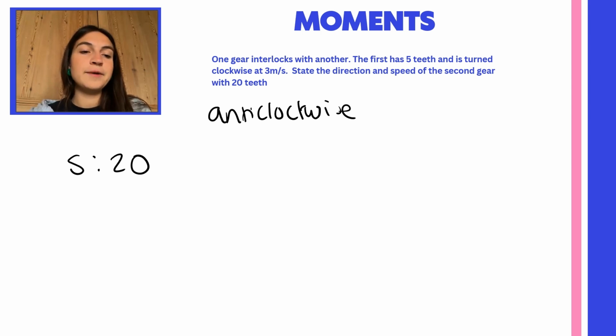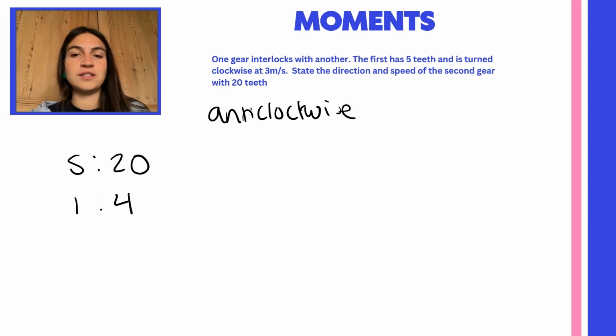So here, both of these numbers, 5 and 20, have a common factor, and that is 5. So I can divide both sides of this ratio by 5, and it tells me that the teeth are in a ratio of 1 to 4. So that is saying for the small gear with 5 teeth, for every one of those teeth, there are 4 teeth on the 20 tooth gear.